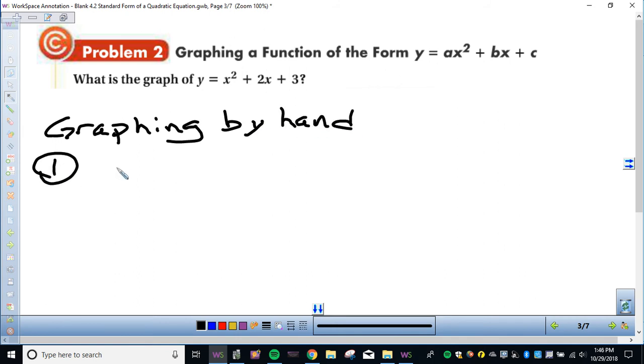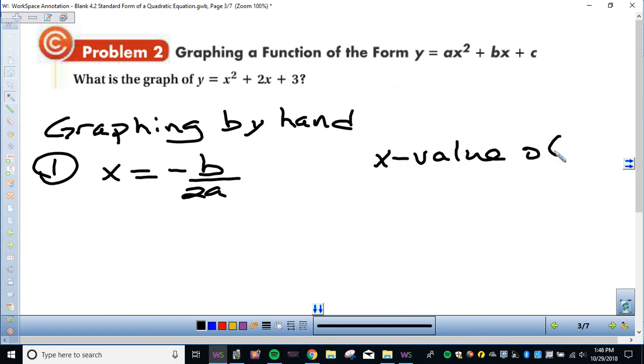So number 1 is x equals -b over 2a. This gets us the x value of the vertex and the axis of symmetry.